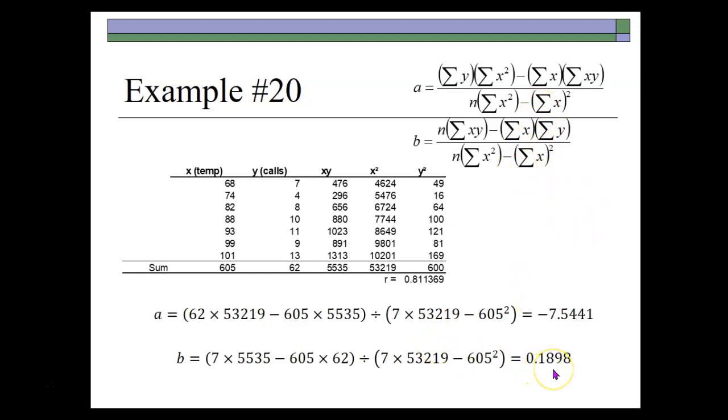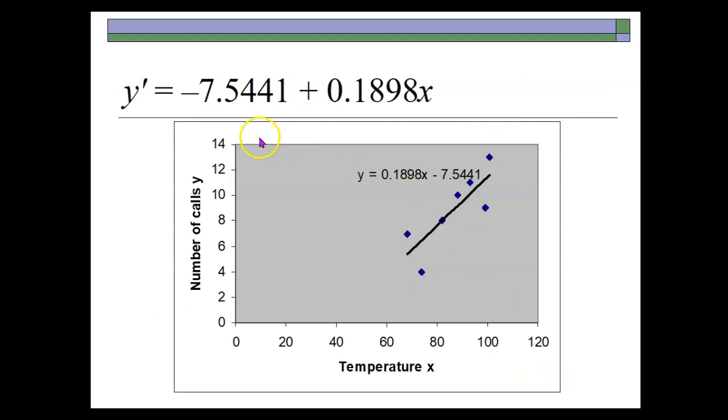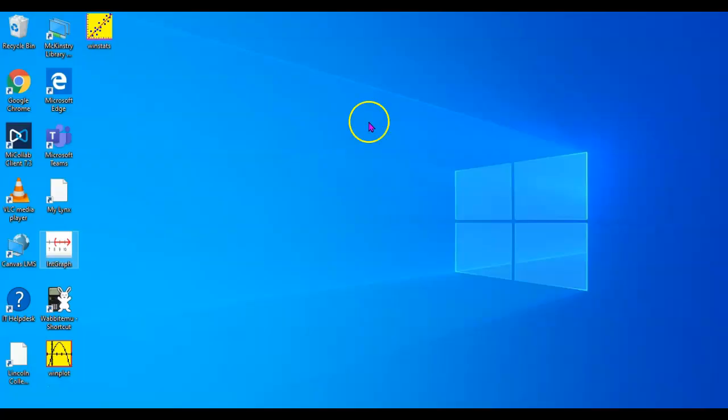So when we calculate that, that comes out as 0.1898. So the equation for y prime is negative 7.5441 plus 0.1898x.